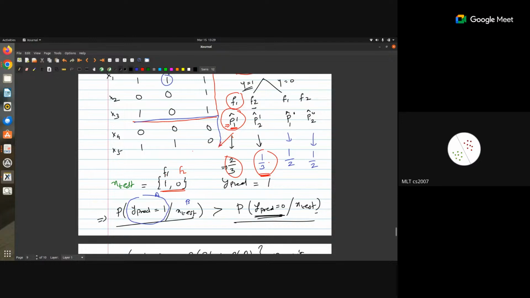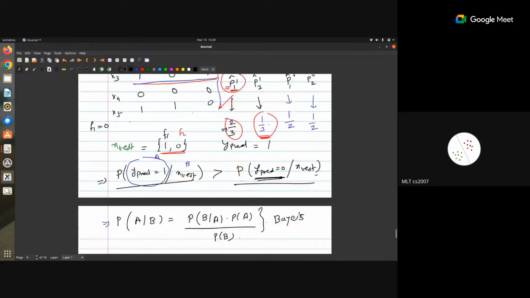Just 2 by 3, right? But what if I had f1 equal to 0? The probability was 1 minus 2 by 3, which is 1 by 3, right? Yes, sir. So if I have these two features, f1 and f2, and I have the probabilities on the y equal to 1 side, what probabilities should I multiply here?